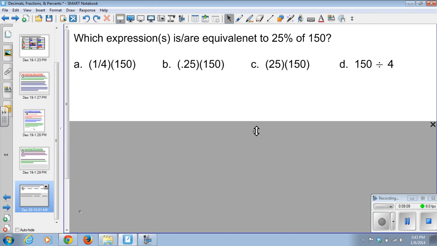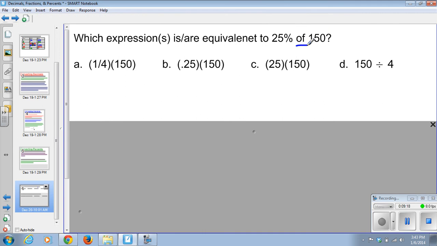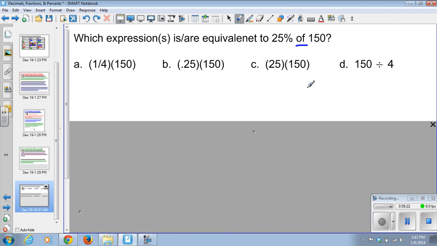What is key here is knowing that the word of right here means multiplication. So we're looking at a multiplication problem, 25% times 150. Well, think about which numbers are equivalent to 25%. Is 1/4 equivalent to 25%?